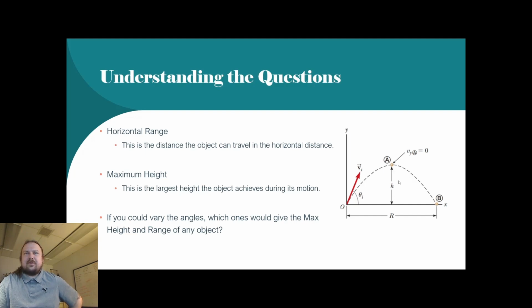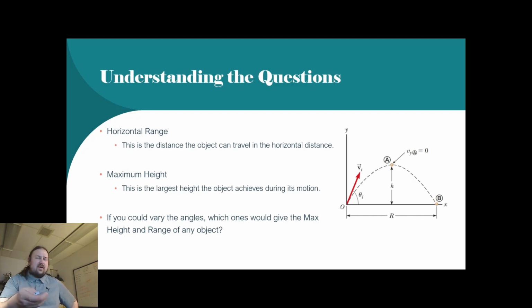Okay, so a good way to solve for these when it's asking you for the maximum height is that at the maximum height, you know that the velocity in the y direction is 0. That is when it is changing direction, when gravity has pulled it down. So you can think of throwing an object up in the air.